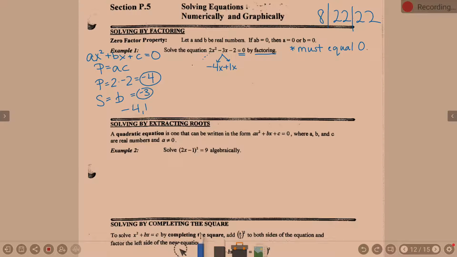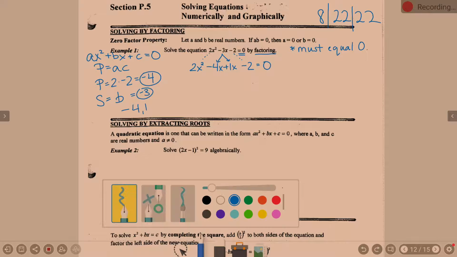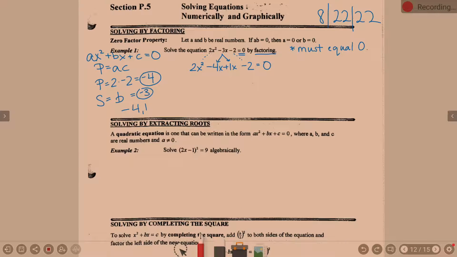Your other two terms carry down. So 2x squared carries down, minus 2 and equals 0 carries down. Now we've got 4 terms, so we can cut it in half.